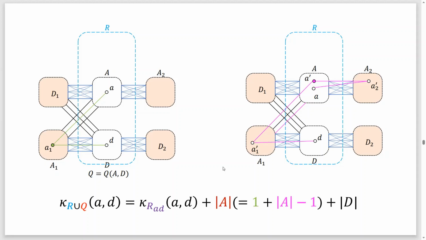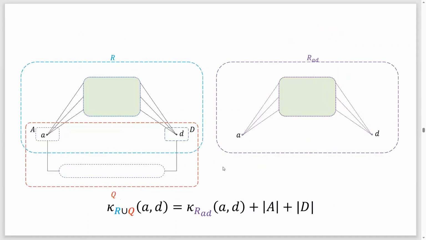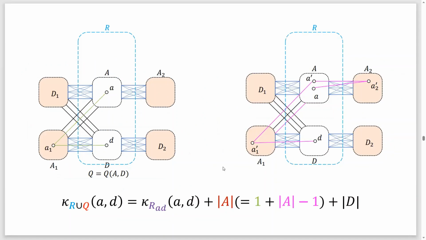And so the graph rest is only R with the set A only the source small a, and the sink set D only the sink small d. So if we look at the graph RAD we want, it is totally the graph RAD.